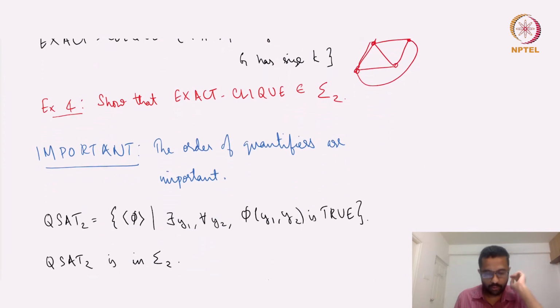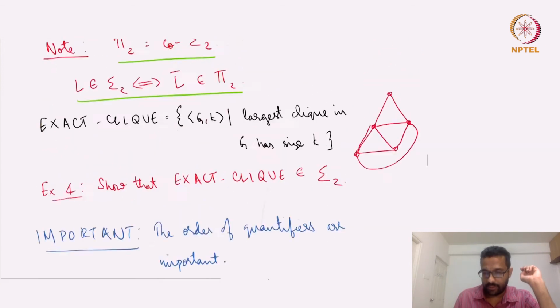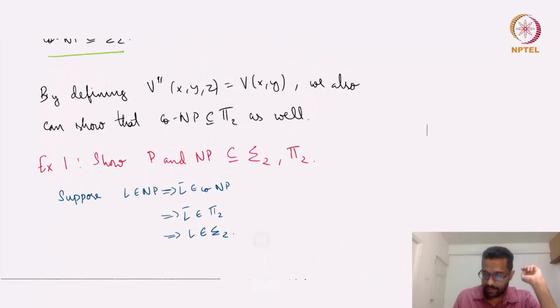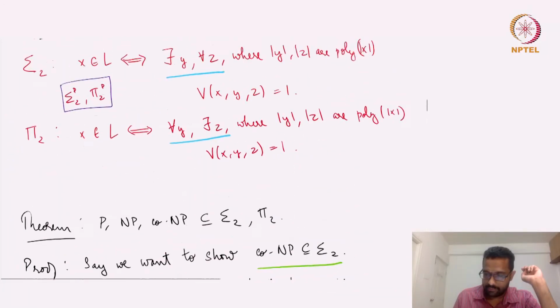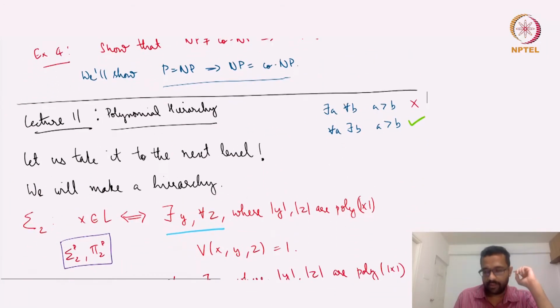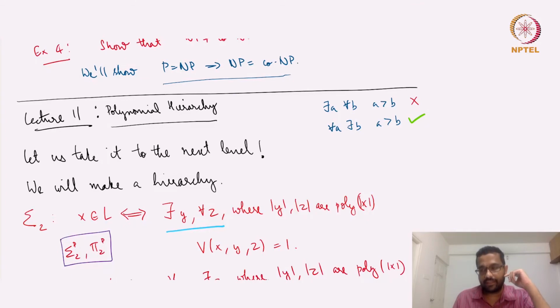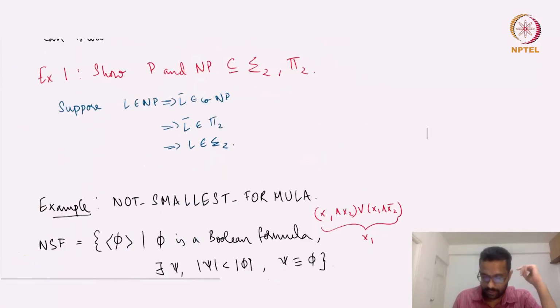Okay, this is something that I have already mentioned. The order of the quantifiers is important. You cannot swap the order of quantifiers. I mentioned here the example A and B, right. So if the order is changed, the truth value itself may change.